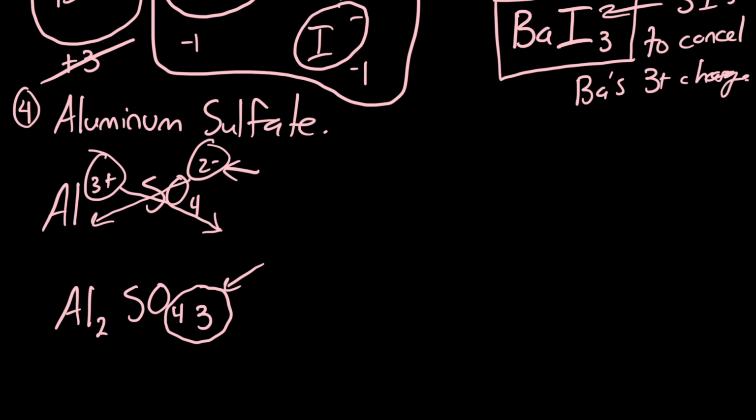We cannot have that. Somehow we need to separate it. Okay, so let me just erase my little bubble here, and we can separate this with brackets. Okay, so we'll separate the 4 and the 3 with brackets, because now this 3 applies to the whole of SO4.